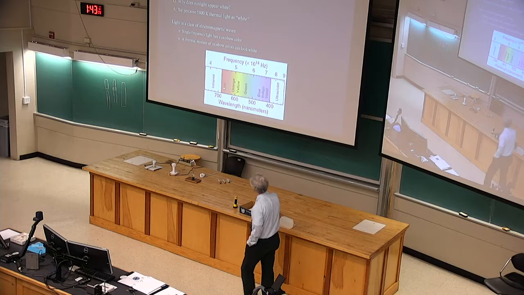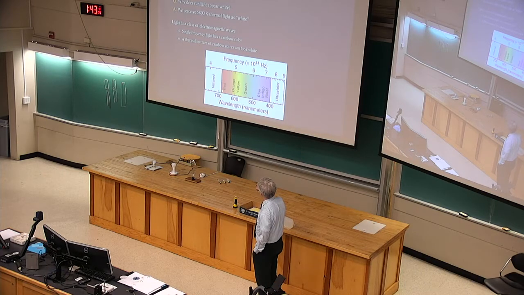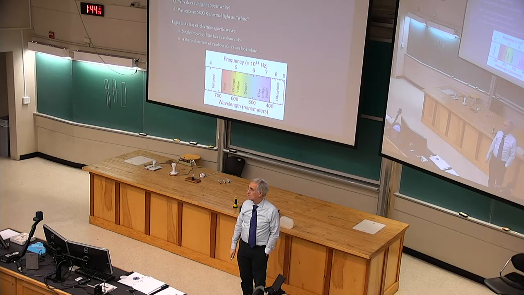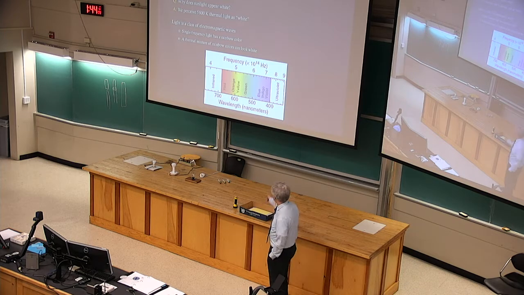And the longer frequency waves, lower frequency waves, longer wavelength, we see as red light. And as you work your way through the spectrum, by the time you get over here to these short wavelength, high frequency waves, we see them as violet light. More about that soon, but that's the basic idea. The sun emits a lot of these.